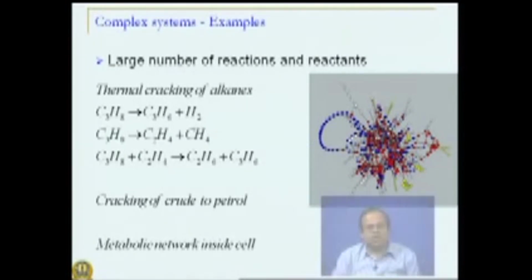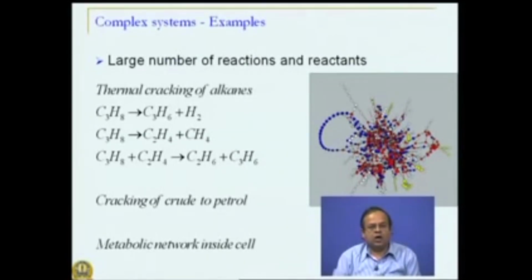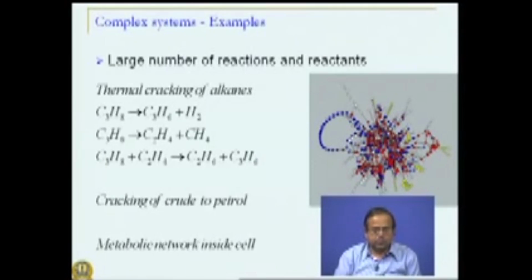What is conveyed in this example is that there are a large number of reactants, a large number of products and a large number of reactions all occurring simultaneously. So, that is one example of what is meant by complex reactions.